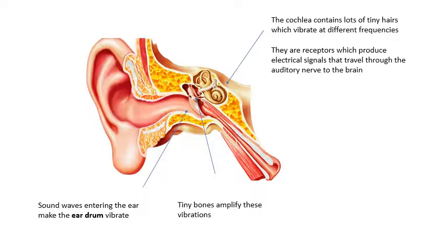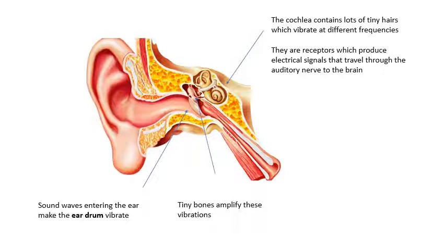Now this isn't a biology exam, but a little bit about how the ear works. So the sound waves enter the ear, and they make the eardrum vibrate at the same frequency. Then inside the ear, in the middle ear, you've got these tiny little bones, the hammer, anvil and stirrup, the ossicles, and they vibrate as well, and they amplify the vibrations.